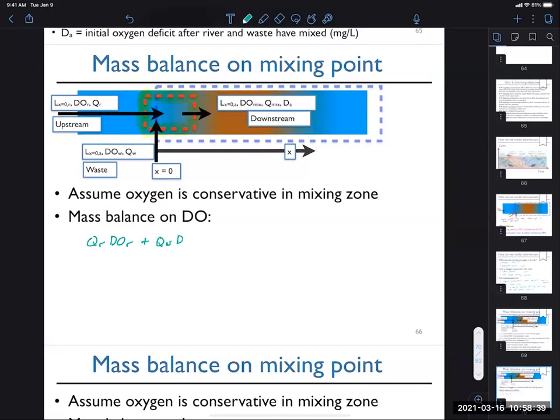We have the DO that's present in the waste. We have Q mix, DO mix. And the accumulation within this control volume, remember, is equal to the change in, technically this is mass actually, not concentration.